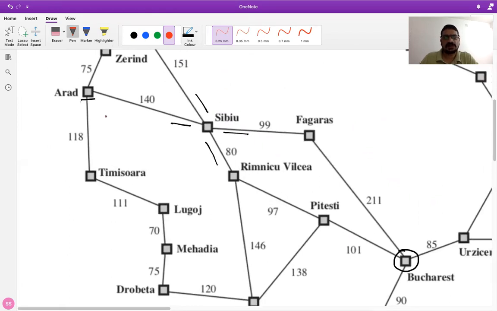So recursive best first search is giving you the path. If you follow this particular path, you'll reach Bucharest with a path cost of 418.